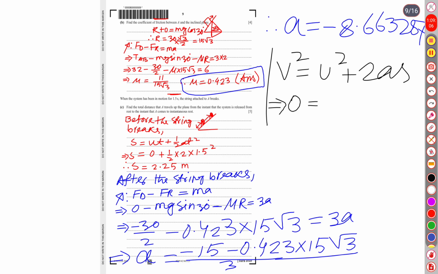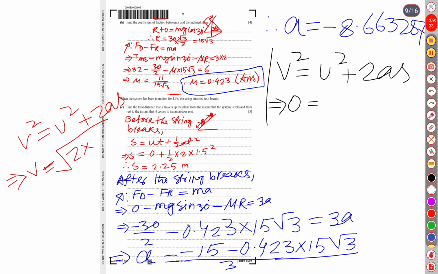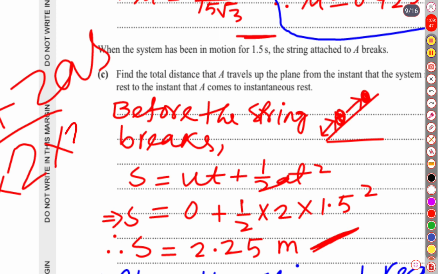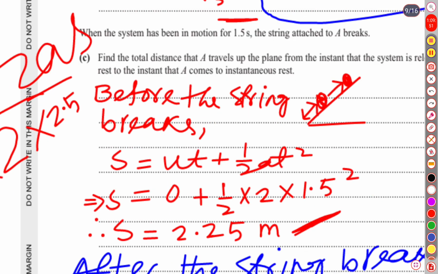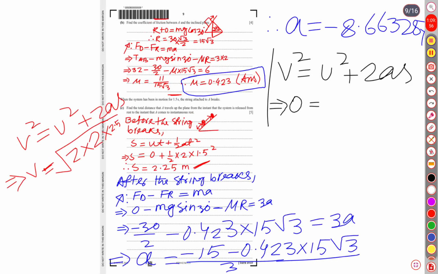So v squared is equal to u squared plus 2as, since the final velocity is to be obtained. v is equal to the square root of u squared plus 2as. The initial velocity was 0, the acceleration we have found was 2, and the displacement we have already obtained was 2.5. So the velocity when the string breaks is v equal to the square root of 9, that is 3 meters per second. So this is the velocity when the string breaks.